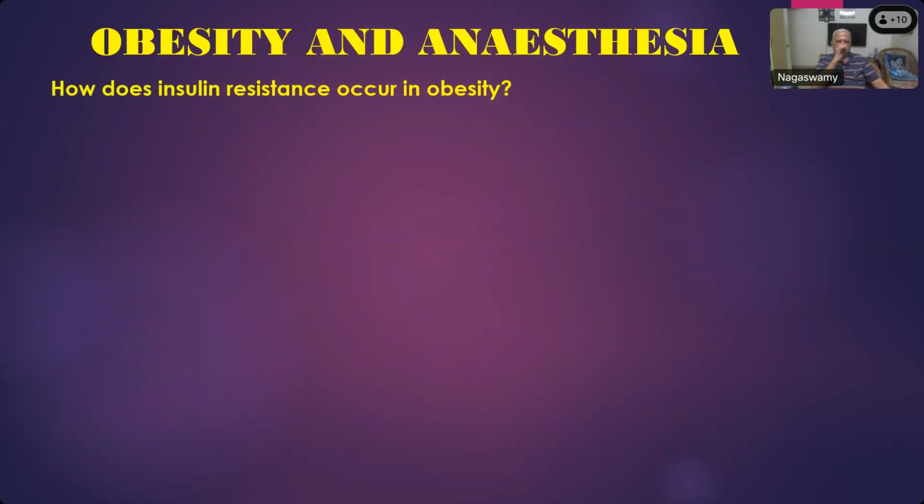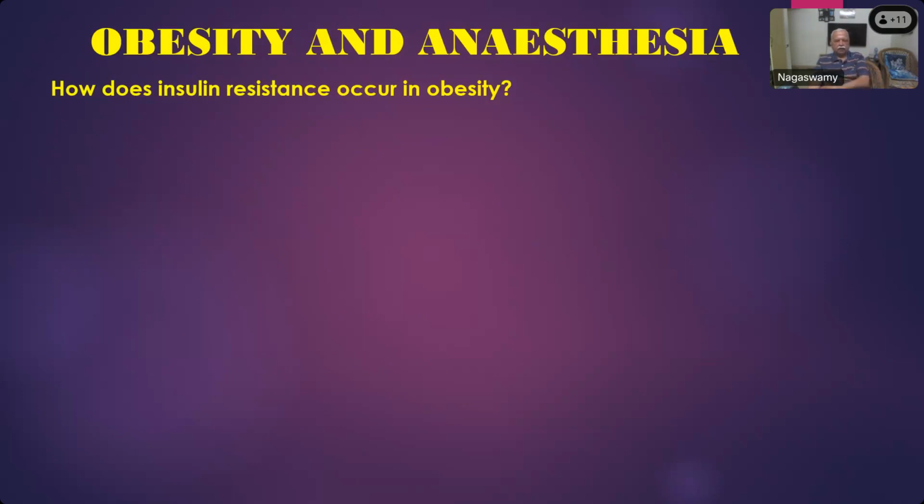Now, the majority of obese patients develop a condition called insulin resistance, and they become diabetic even at a very young age. In our case scenario also, I have given the patient is a type 2 diabetes patient, but well controlled with metformin. But why should they become diabetic?